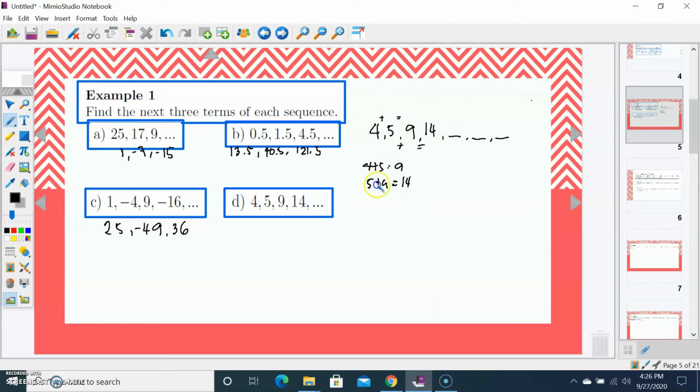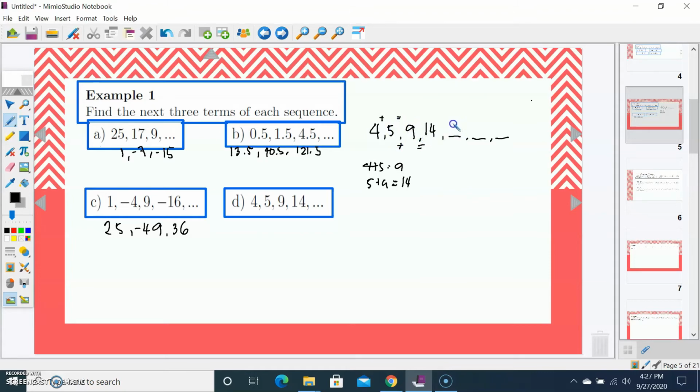So, based on this pattern, siguro nakikita nyo na kung paano natin malalaman yung next three terms. We can find the next three terms by adding the two previous terms, kasi ganun yung ginawa natin dito. To get 9, we must add 4 and 5, which are our two previous terms. Ganun din kay 14. To get 14, we must add the two previous terms, which are 5 and 9.